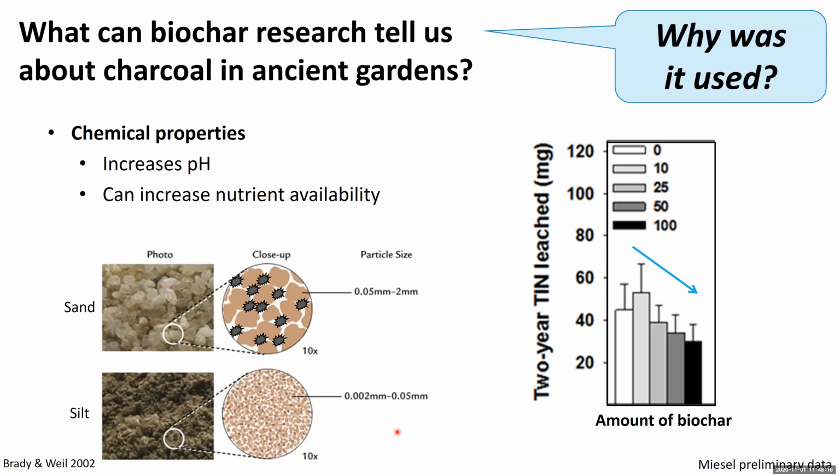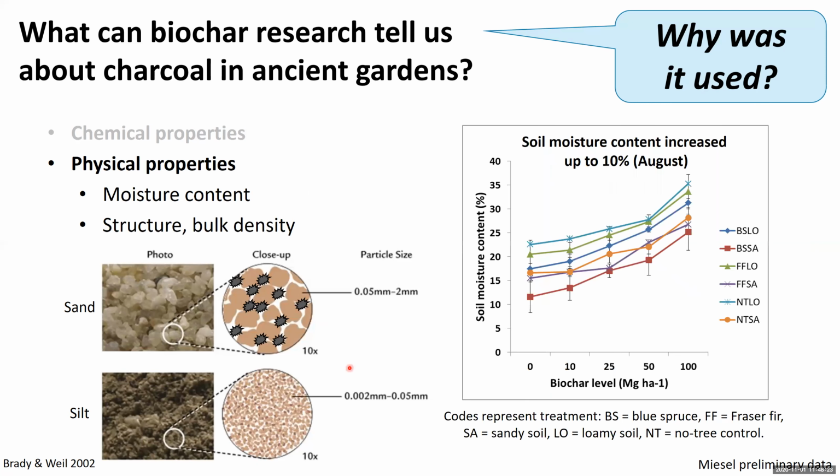So this is one way to add organic matter to sandy soils, to help hold moisture in the soil. And that takes us now to looking at how biochar can change the physical characteristics of soil, such as moisture content, even soil structure and bulk density.